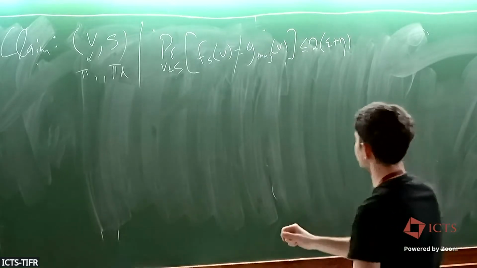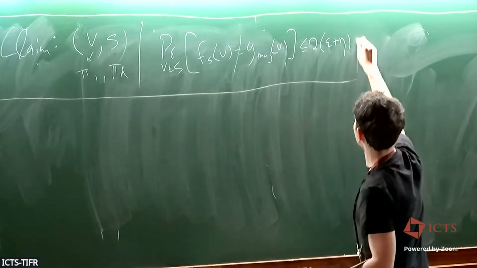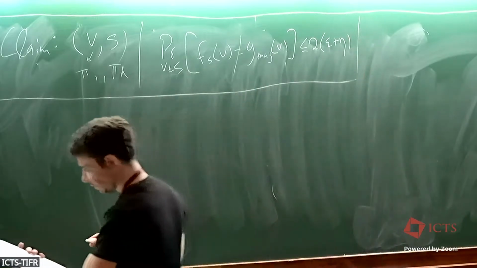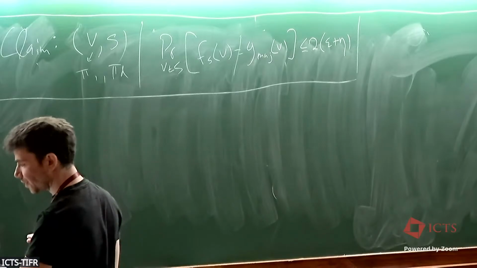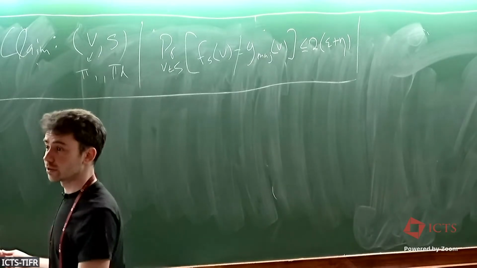Okay, so I'm going to define two sets that live on X_D. I'm going to define the set of pretty good D sets and the bad D sets that don't agree with the G majority.